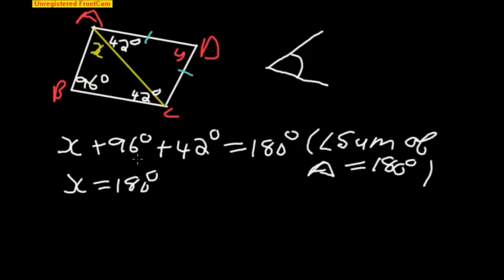So we can take the 158 degrees across the equal sign, then the positive becomes negative. So we have 180 minus 158 degrees. So now we can solve x, because 180 minus 158 degrees will give us 22 degrees.